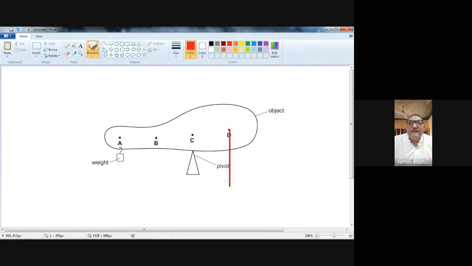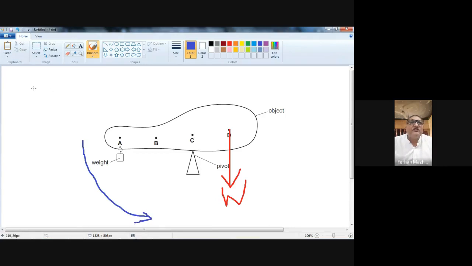Why am I saying this? Because this extra weight is trying to produce an anti-clockwise turning effect.